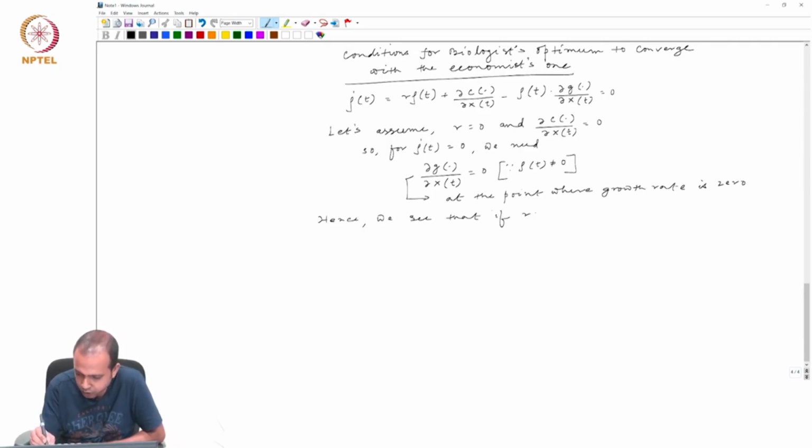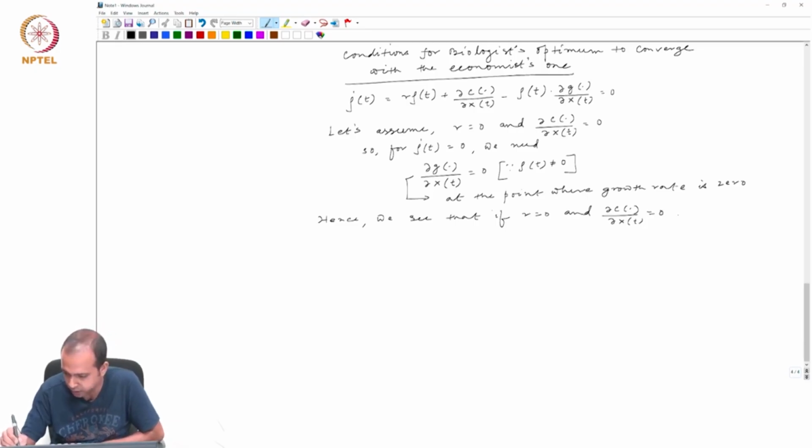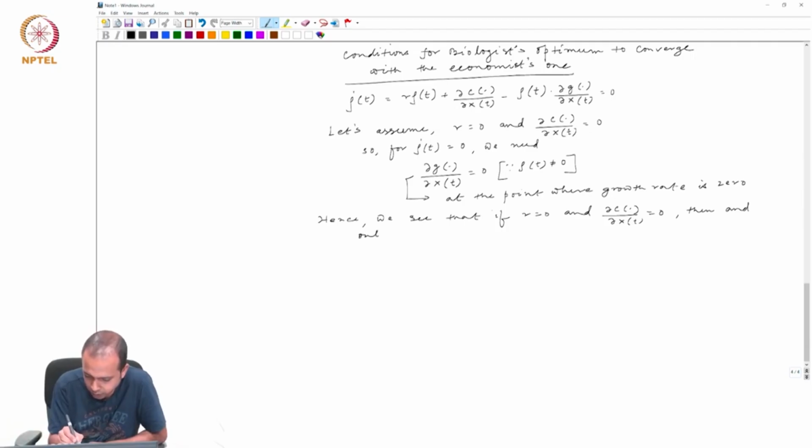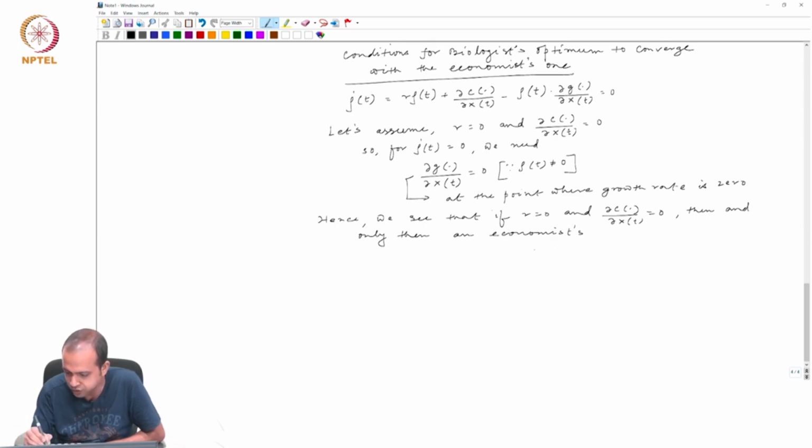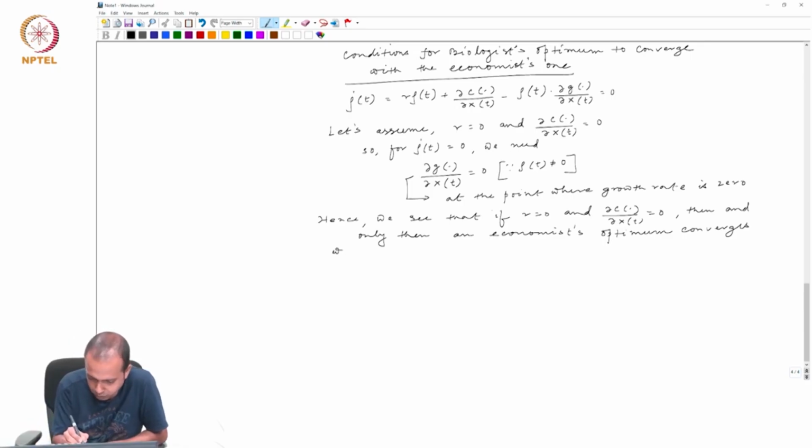if R equals 0 and del C dot del xt equals 0, then and only then the economist's optimum converges with the biologist one.